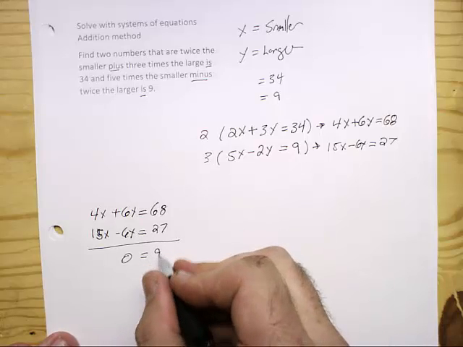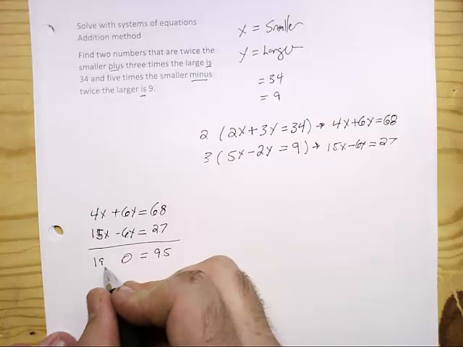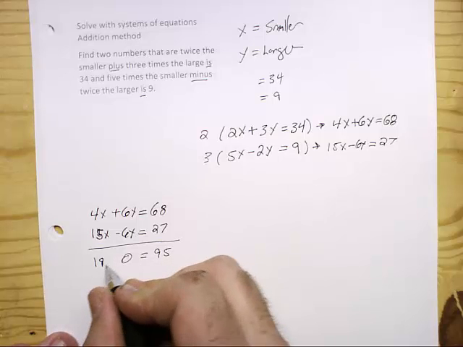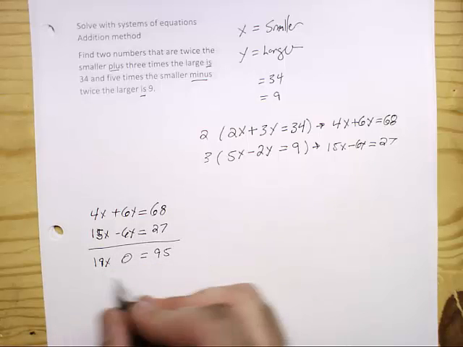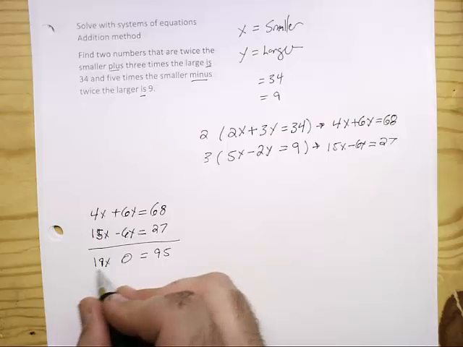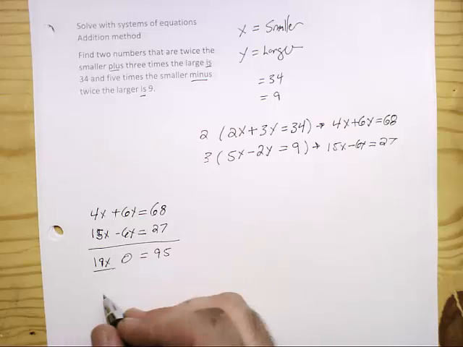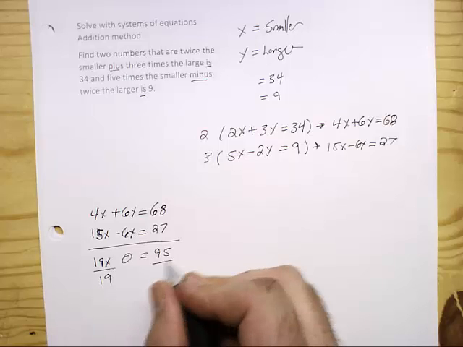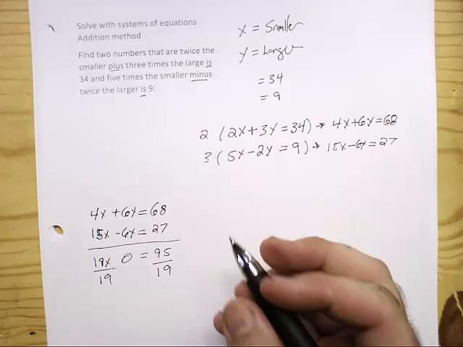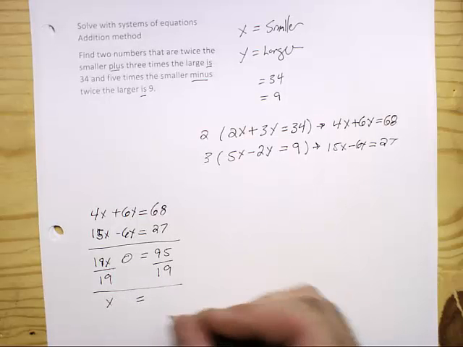This equals 95, and this equals 19x. Now we want to get the 19 away from the x. So it was 19x, and instead of multiplying, we divide to isolate it. We divide by 19 and end up with x equals 5.